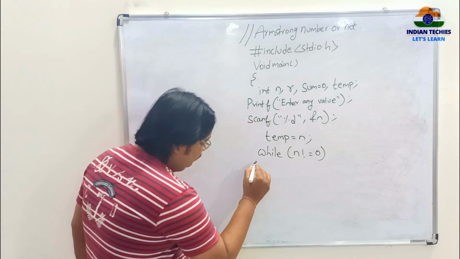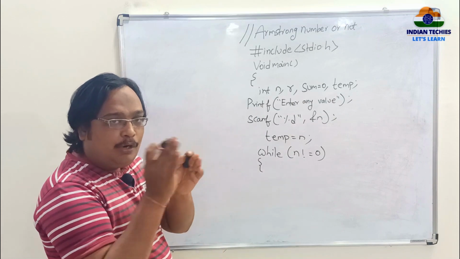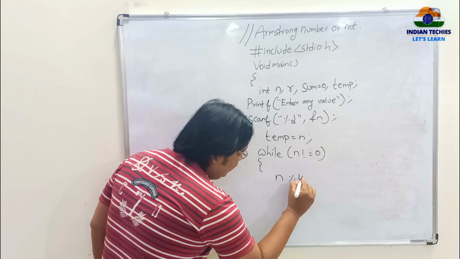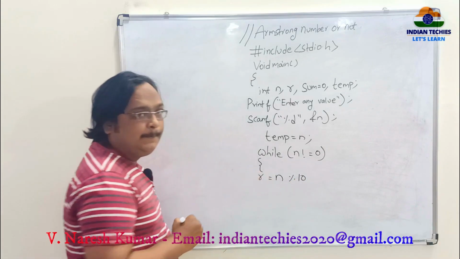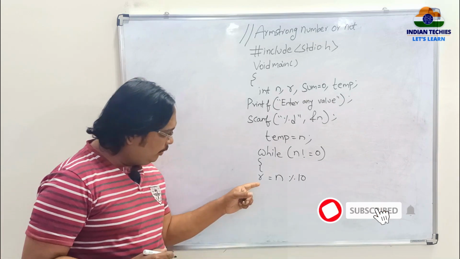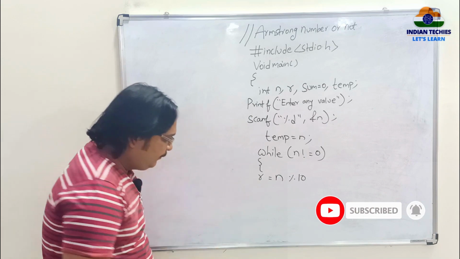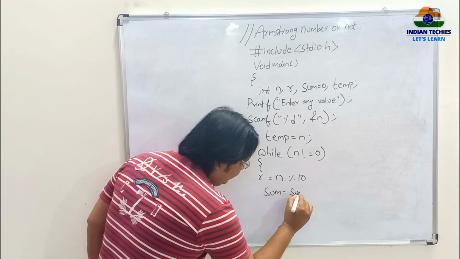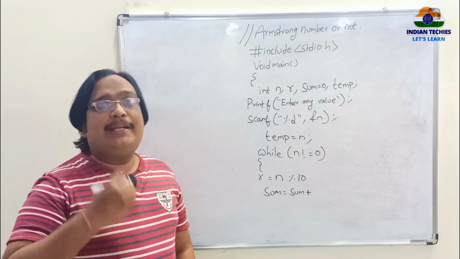Now first, the given number should be mod with 10. That is n % 10, and this result should be stored in a variable called r. So if 153 is given, you will get r value as 3. 153 mod 10 is 3. Next, sum = sum + r * r * r, that is, added by making it a cube.